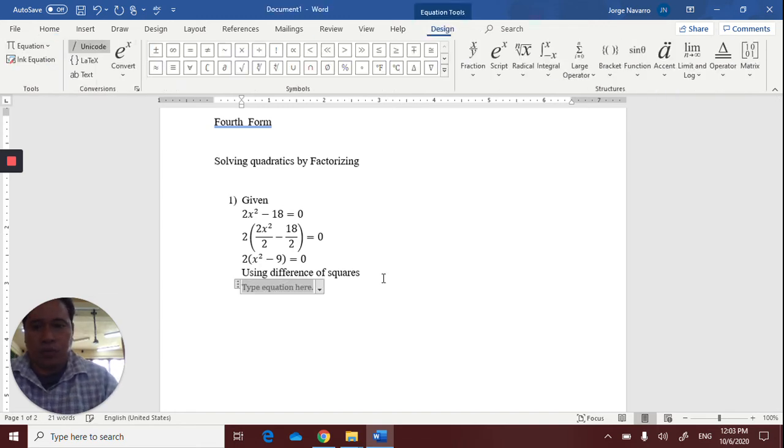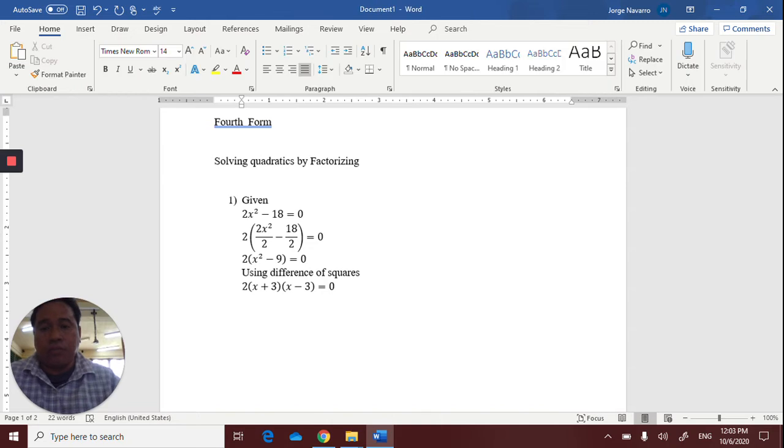So 2, open brackets, x plus 3, x minus 3, equals 0. Now, if I divide both sides by 2, it's not going to really affect the result because of the coefficient. But now we're going to need to find the values for x.